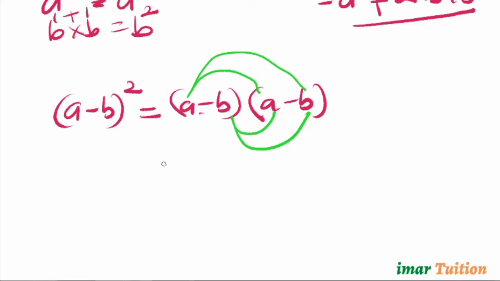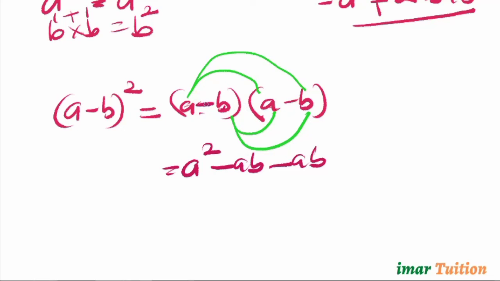A multiply a will give you a squared, raised to power 2. A will multiply minus b to give you minus ab, right? Minus b here multiplied by a here gives you minus ab also. Minus b multiply minus b.